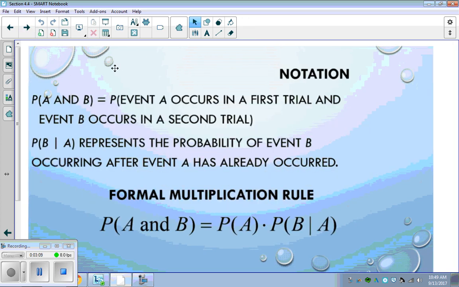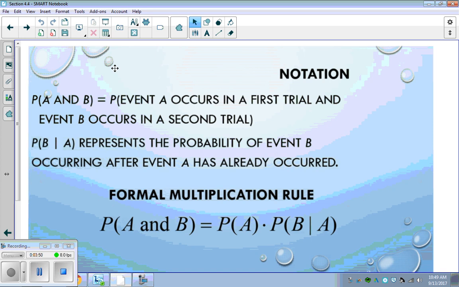So the notation here, just so you know, is the probability of A and B. It's the probability of event A occurring in the first trial, and the probability of event B occurring in the second trial, just like we did when we took the first card, then we took the second card. The probability of B given A is the probability of event B occurring after event A has occurred.